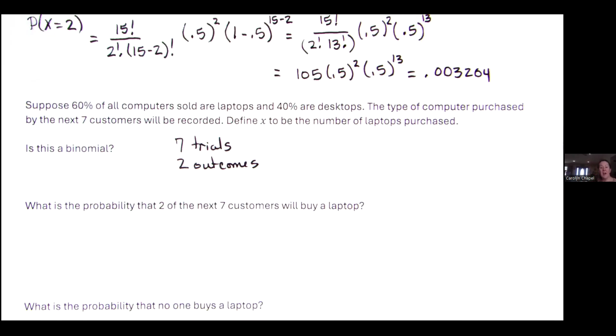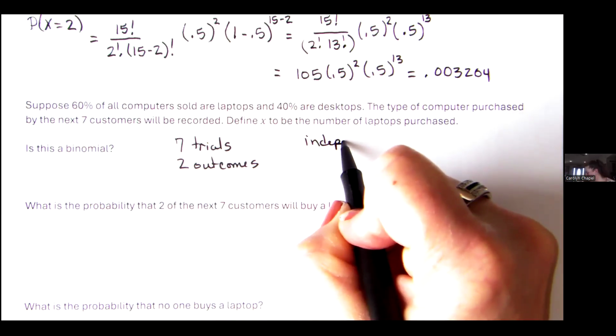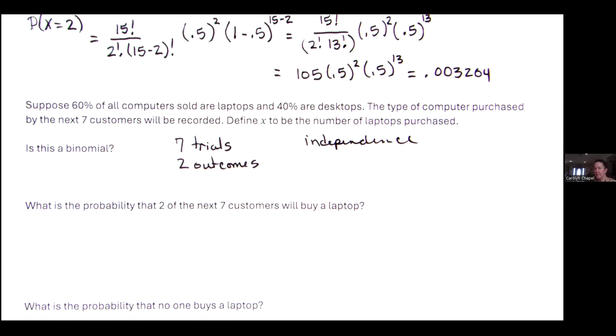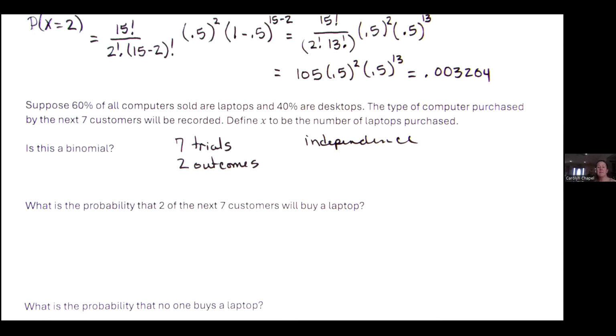Third thing we have to check, are these outcomes or these trials independent from one another? We will assume yes. We're going to assume that each customer is separate from the other. So yes, we do have the independence. Is the probability of a success?